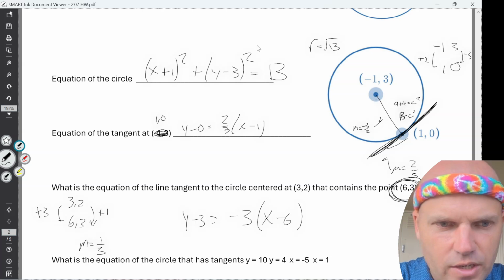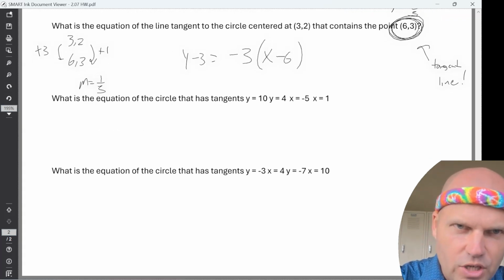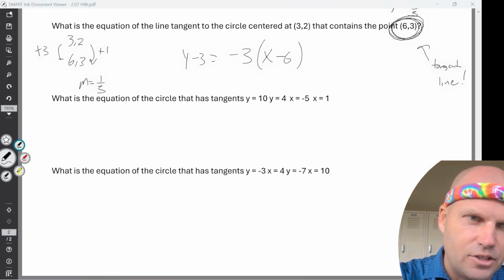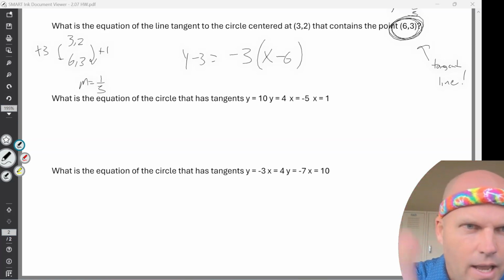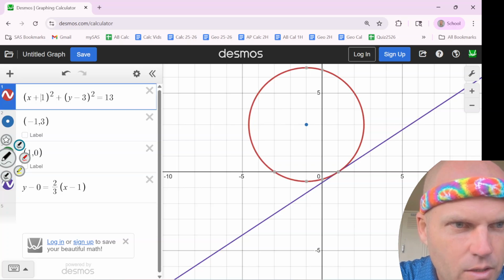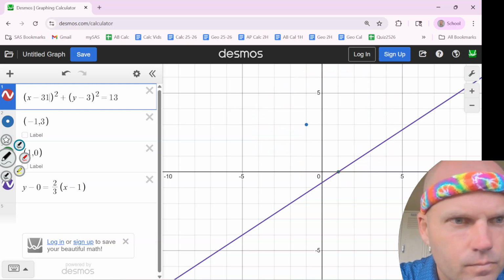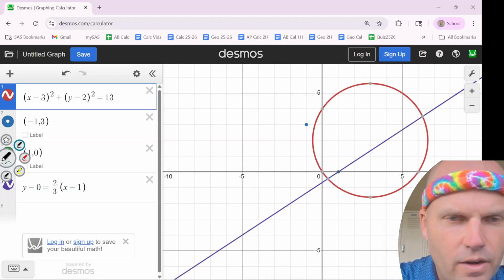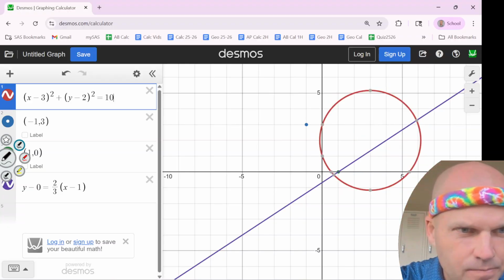Now, for this question that we just did, you would need to produce the equation of the circle to be able to check that your equation y − 3 = −3(x − 6) is tangent to it. And I can do that really quickly, honestly. The equation of my circle here would be (x − 3)² + (y − 2)² = 10, which would be r squared.